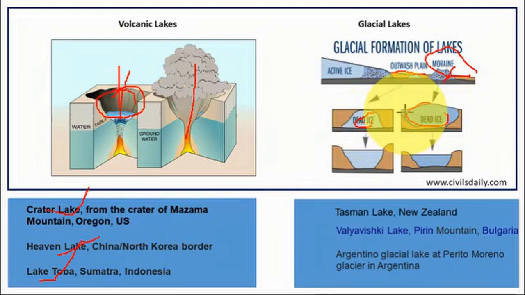Over the due course of time, this dead ice is converted to water, forming the lake. This is called a glacial lake. Tasman Lake in New Zealand, Velivanski Lake in Pirin Mountain, Bulgaria, and Argentino are examples of glacial lakes.